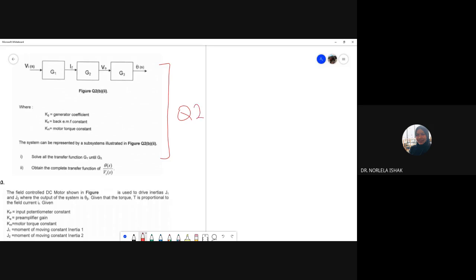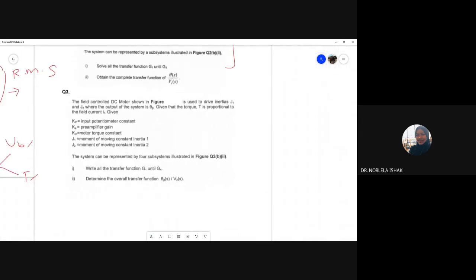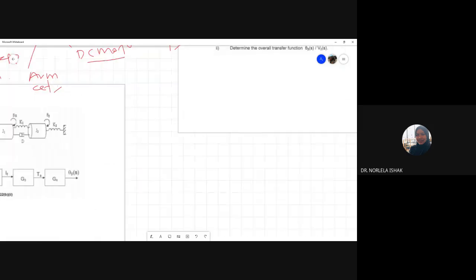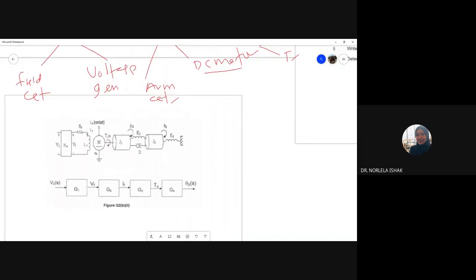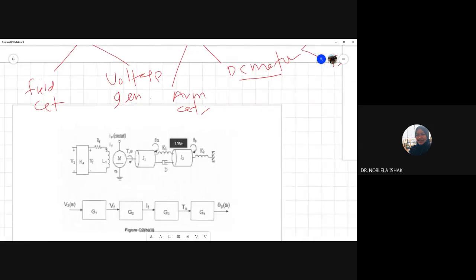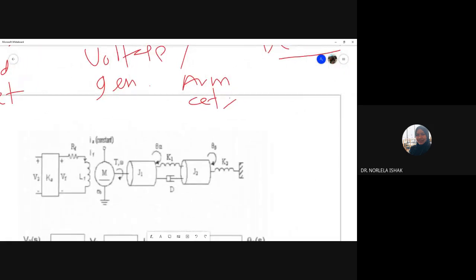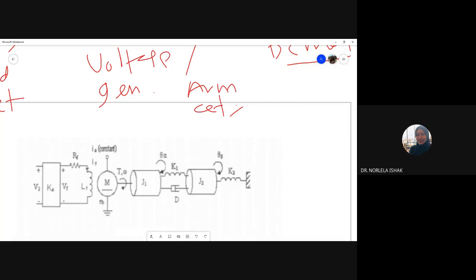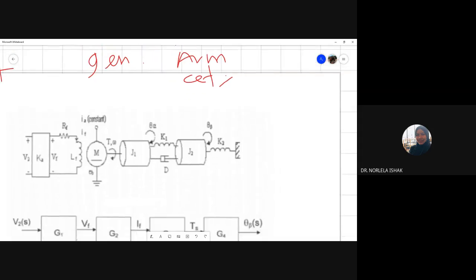Okay, then let's see number 3. Number 3: a P control DC motor used to drive inertia J1, J2. From here we have 2 inertias. How do we do it? We have 2 inertias here. So what systems can you list here?